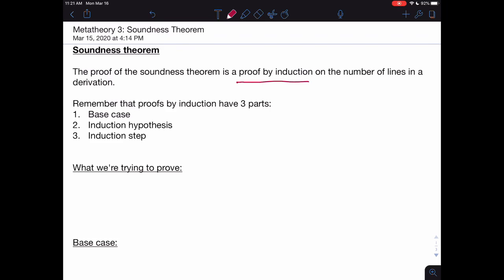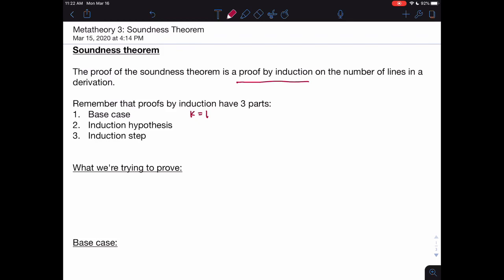In this case, we're doing an induction on the number of lines in a derivation. And the simplest derivation, the shortest possible derivation, has one line, right? You can't have a derivation with 0 lines because there wouldn't be a derivation at all. So in our base case, we're going to prove that the soundness theorem holds when k equals 1, when you have a derivation with 1 line.